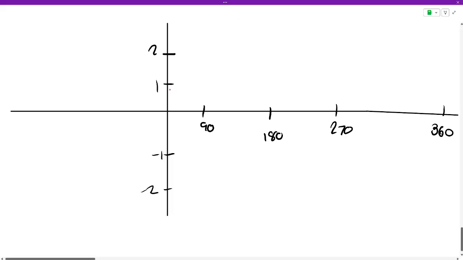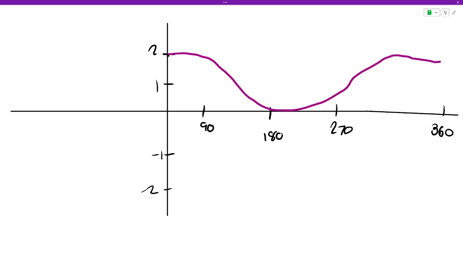Right. And the line goes from 2 down to 90. Oh no. Goes like this down to 180, then comes back up. It's up already at 270, so it's like this here. And then it stops, it bottoms out at 360. Okay.